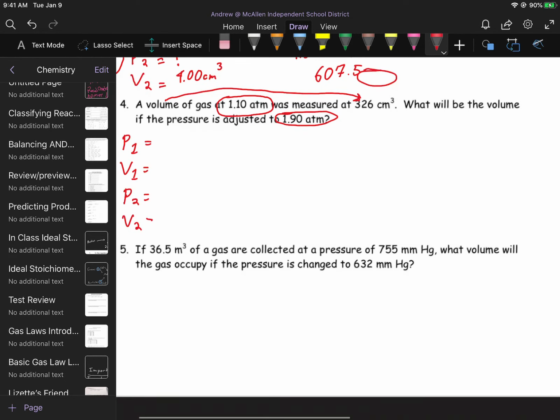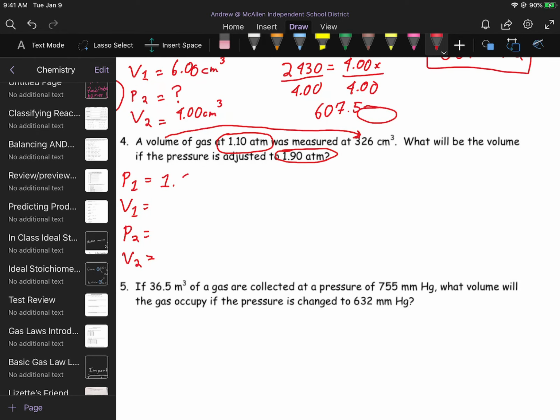Let's fill in what we know. So, again, it's worded badly, but 1.10 atm. ATM is atmospheres, which is a unit of pressure. It's the first one listed, so let's call that P1. 1.10 atm. Volume 1, the first volume, the one that's associated with this first pressure, is 326 centimeters cubed. Now it says, what will be the volume? So volume is our unknown.